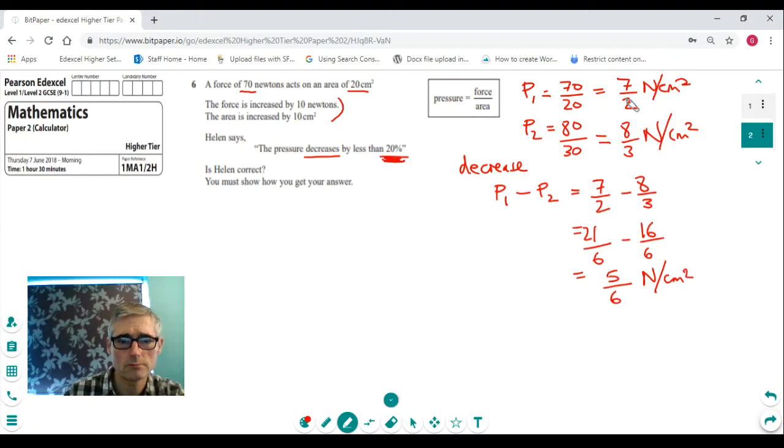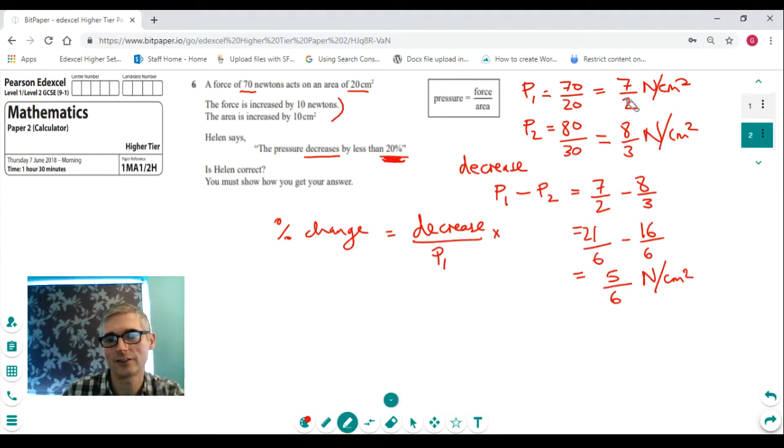Now, we're being asked to find the actual percentage decrease. So the percentage change or decrease here would be the decrease over the original amount, which is P1, decrease over P1, and then times by 100 to convert it into a percentage.